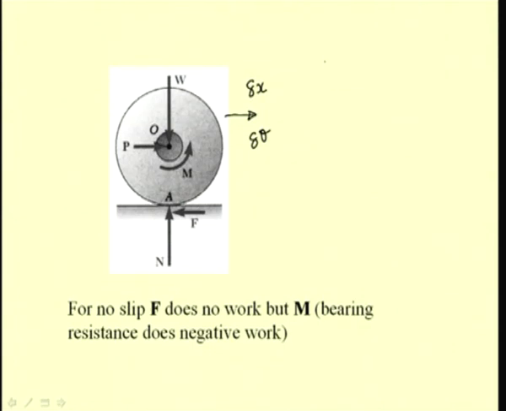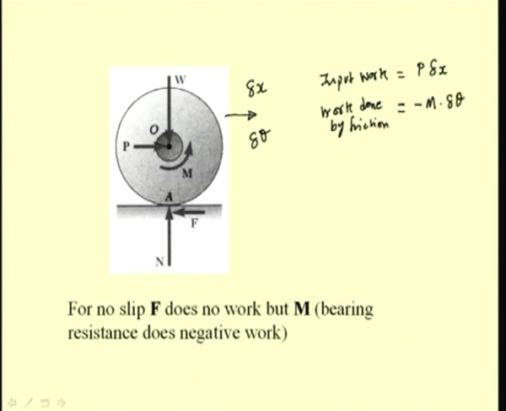So, the input work is equal to P times delta x, and the work done by friction, in this case the bearing friction, is equal to this frictional moment M times delta theta.